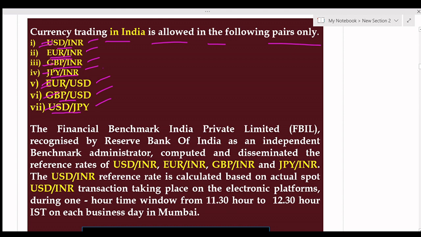JPY is the numerator, that is the base currency, INR is the denominator, that is the quote currency. The logic behind multiplication and division I will discuss later when I come to cross rate.